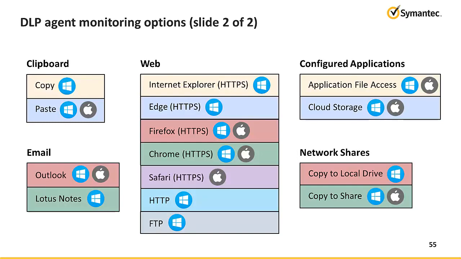duplicate incidents. Note also that to monitor Safari on Mac machines, the Symantec extension for Safari must be enabled on the Mac endpoint. The Mac endpoint user performs this step after the DLP agent has been installed on their computer. When the user opens Safari for the first time after agent installation, the Enable Symantec extension for Safari dialog will be displayed.